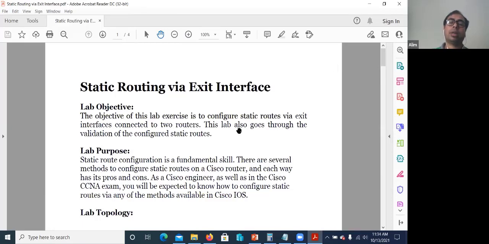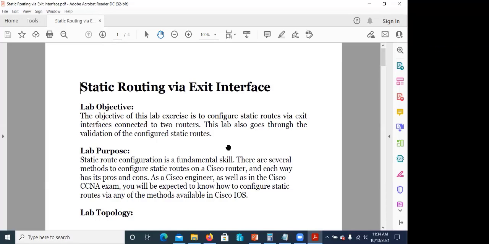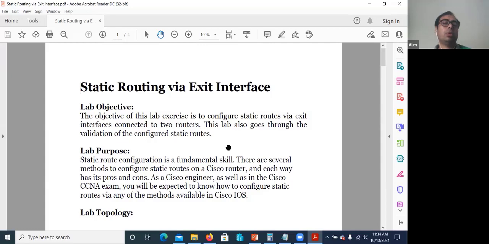Okay, we will work with two concepts: static routing and default routing. Another issue is how we can configure if we have two connections from two ISPs. That will be our last lab for today.